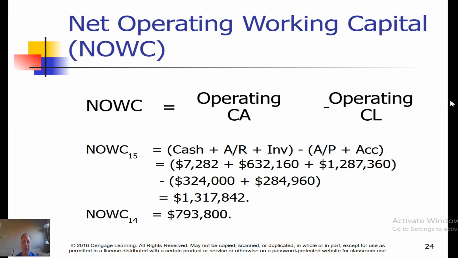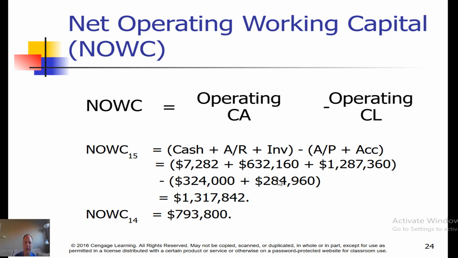To get net operating working capital, or NOWC, we will take operating current assets minus operating current liabilities. Looking first at 2015, our operating current assets of cash plus accounts receivable plus inventories are 7,282 plus 632,160 plus inventories of 1,287,360, and our operating current liabilities are accounts payable of 324,000 and accruals of 284,960.